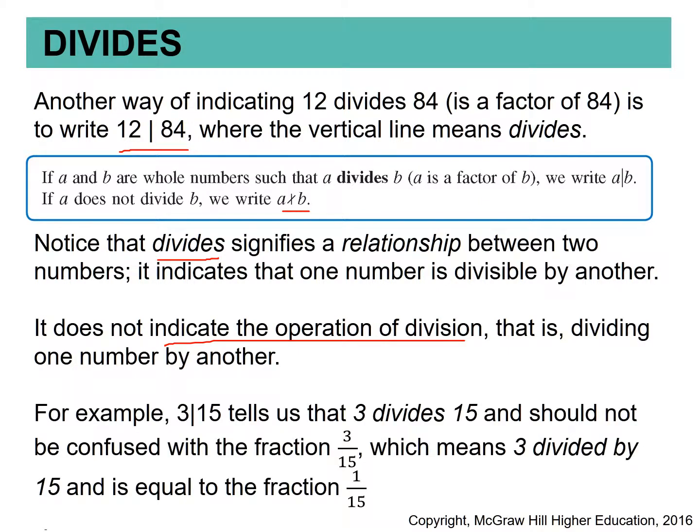So if I have 3 | 15, that tells me not 3 divided by 15, it's not a fraction. It tells me that 3 divides 15, which means 3 goes evenly into 15. It's a factor of 15. So we don't want to confuse this notation, which is the relationship, with the notation which is an operation, division.